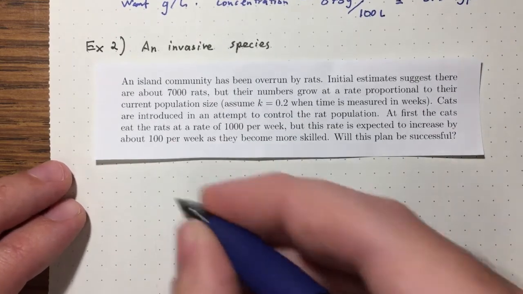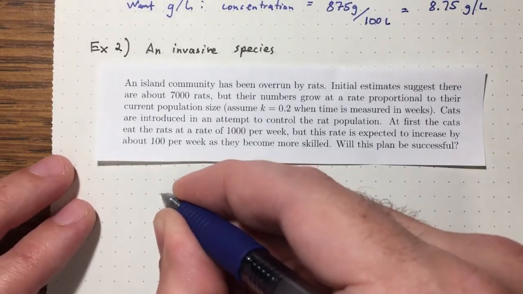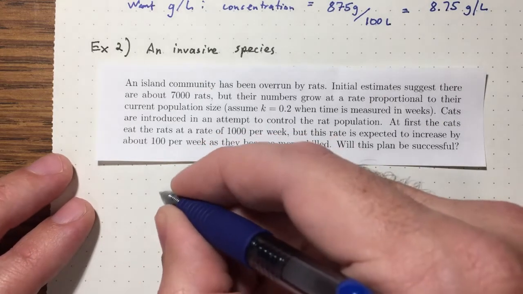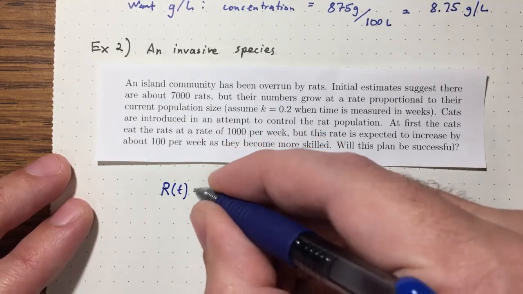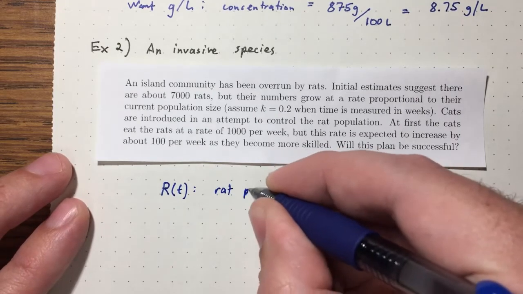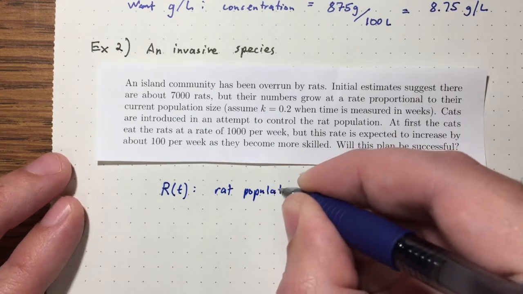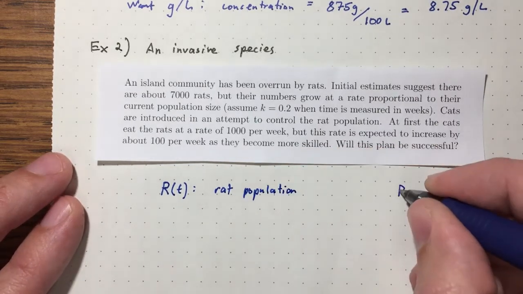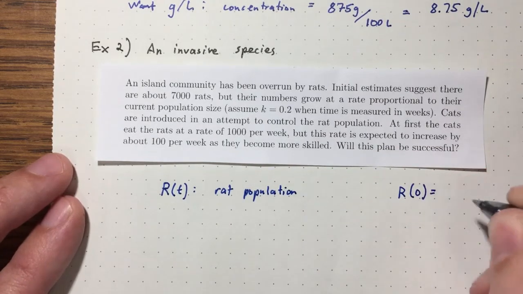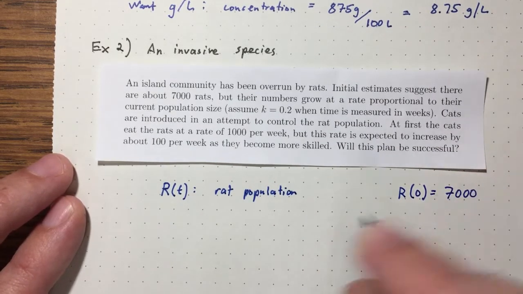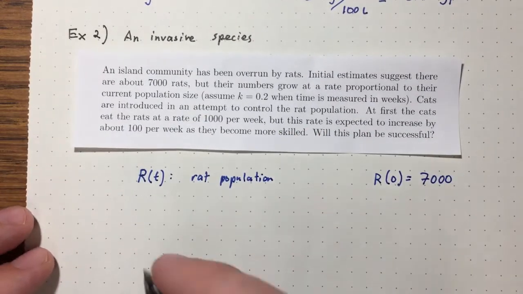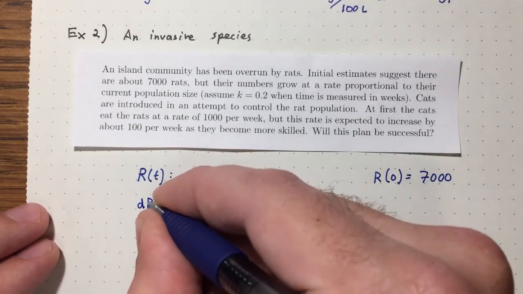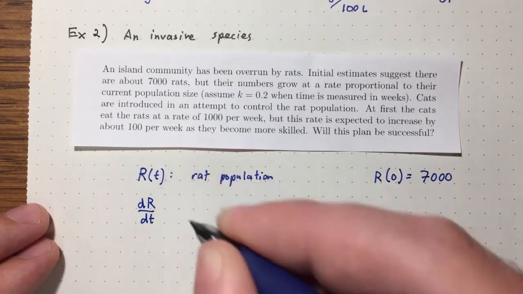So, let's already start writing a little bit down, even before we read on. We might have to go back and change things, but if R of t is the rat population, we know it's initially 7,000, but we want to study what this is over time. And we already have a glimpse at a differential equation here.